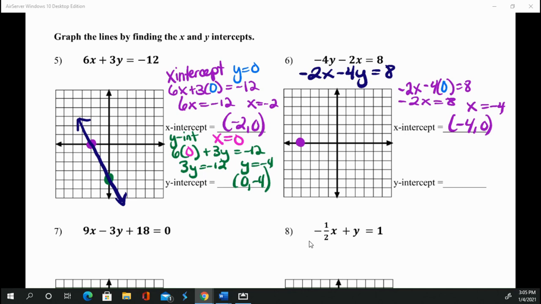Then we'll find the y-intercept. Which is the y value when x equals 0. We express each intercept as an ordered pair. Plot your 2 points, connect and extend.